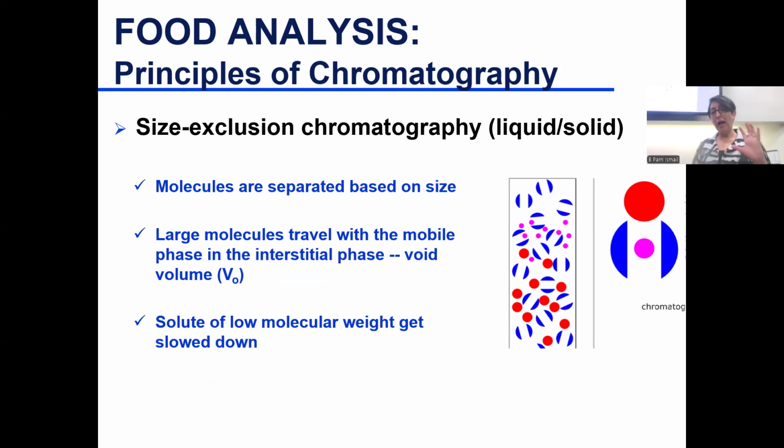So how that works, you can see here, you have a stationary phase that is porous. So let me draw it so you can see it a little bit. So you have particles of your stationary phase. When you pack, you're packing a specific set of particles.